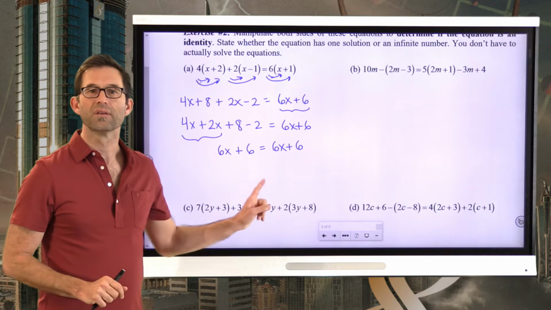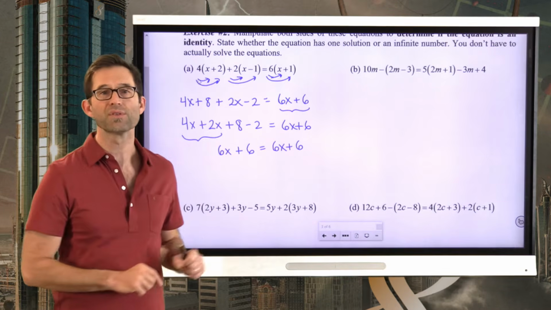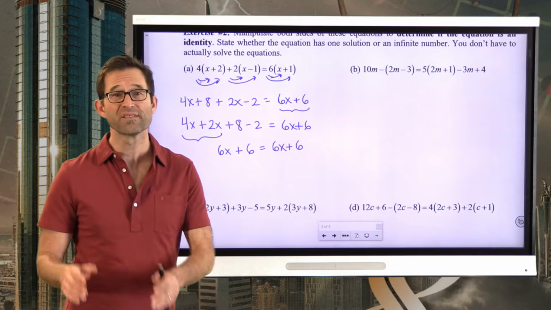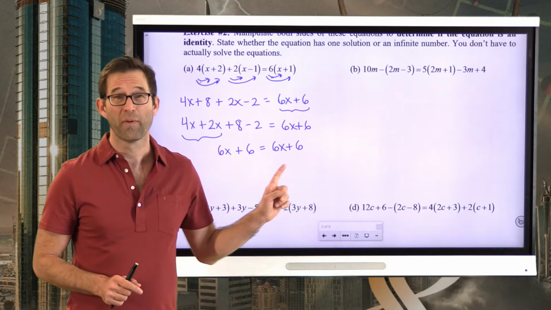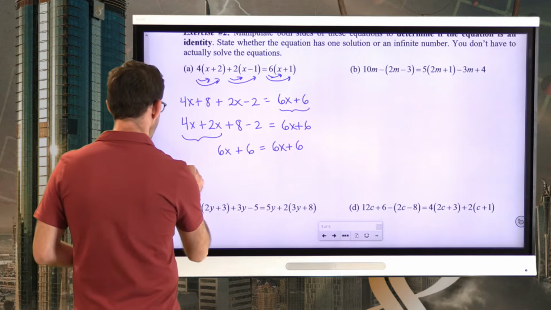6x plus 6 is equal to 6x plus 6. Any value of x that I put into this equation would make it true. If I take any number, multiply it by 6, and then add 6, I'm going to get the same thing as if I take the same number, multiply by 6, and add 6. So this is an identity.